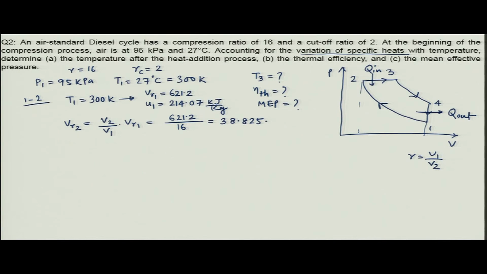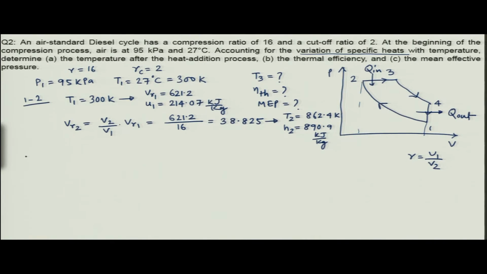Corresponding to this we can find the temperature T2 from the table, and you find it is 862.4 Kelvin, and H2 is the enthalpy for this point. We are writing enthalpy because you need to find the heat input in this cycle. So, the enthalpy for point 2 is basically 890.9 kilojoule per kg. That is state 2.